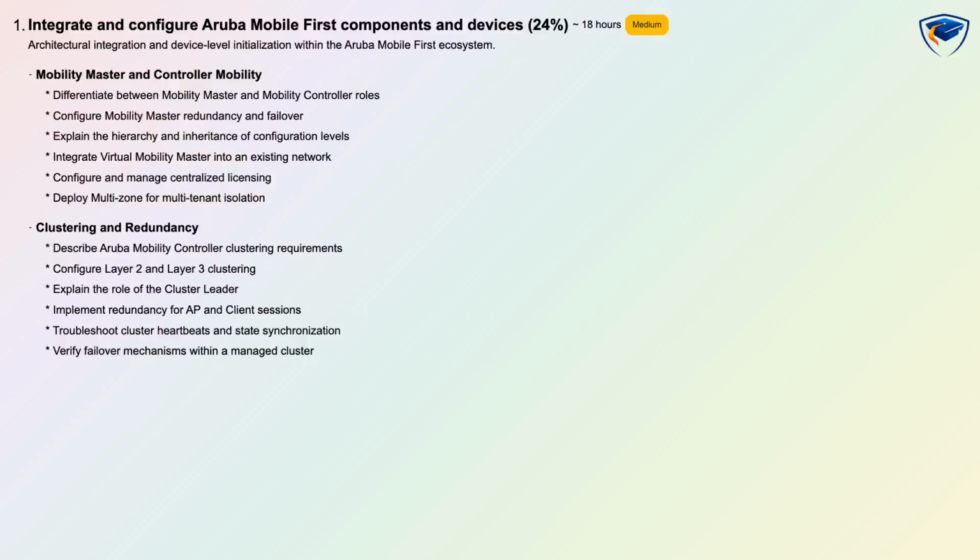The syllabus covers integrating Virtual Mobility Master into an existing network, managing centralized licensing, and deploying multi-zone isolation. You will also cover clustering and redundancy, including Layer 2 and Layer 3 clustering, the role of the cluster leader, session redundancy for APs and clients, and troubleshooting cluster heartbeats and failover verification.